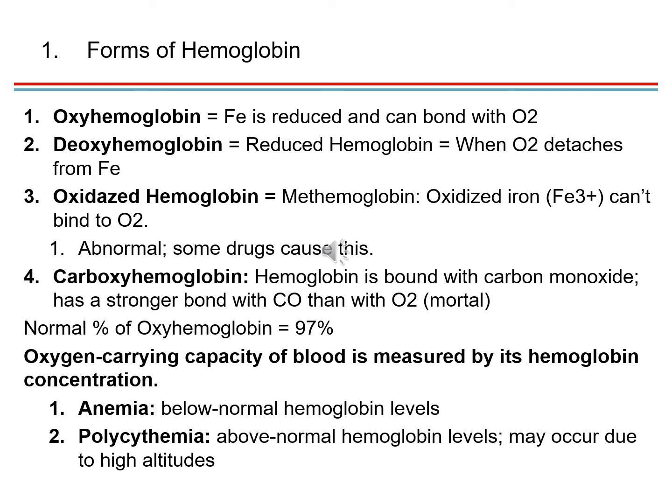Now we have the other type, which is deoxyhemoglobin, or reduced hemoglobin, when the oxygen detaches from iron.